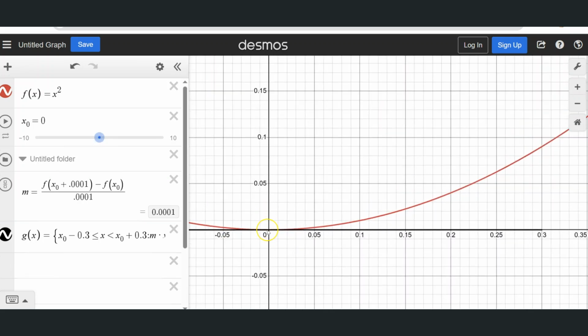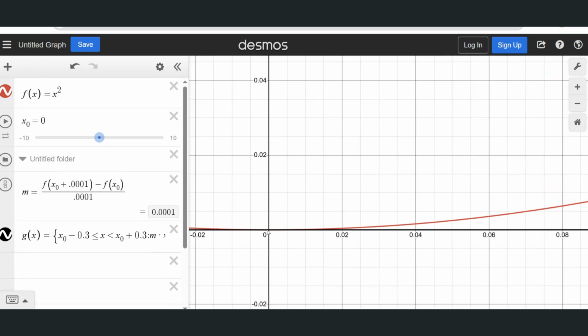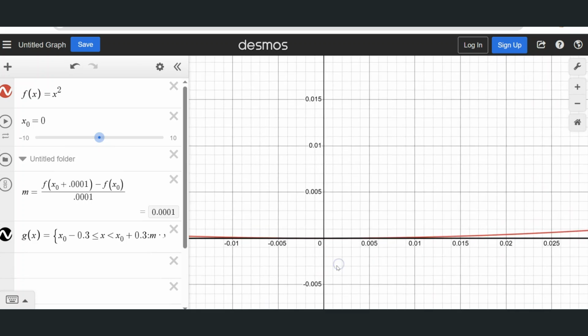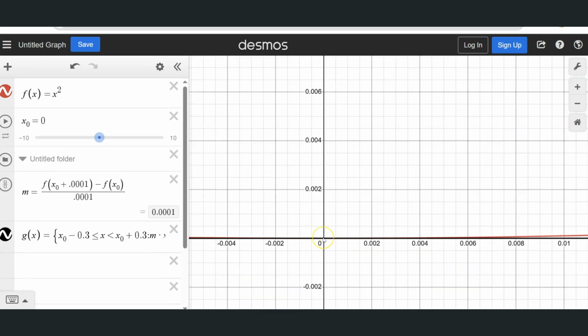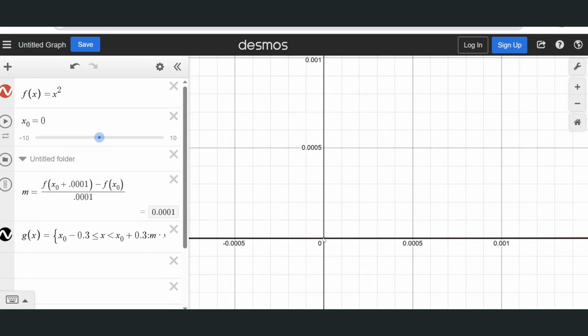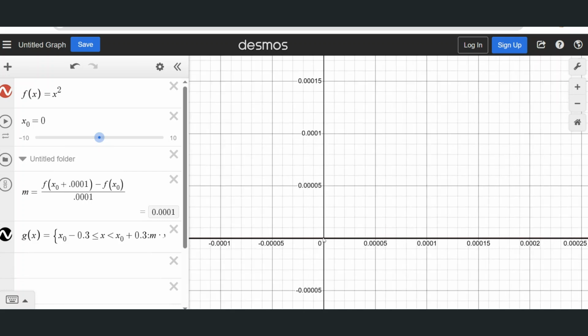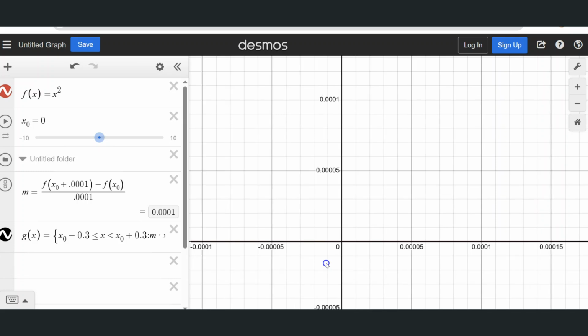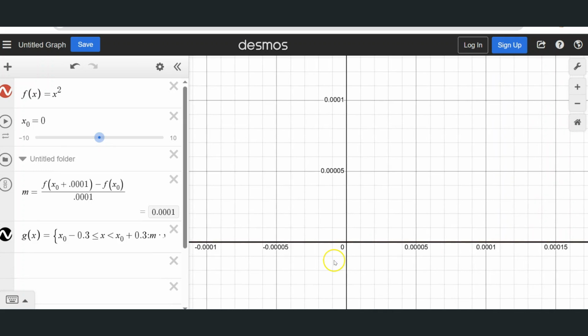In fact, if I continue to zoom in at that point, notice that the red curve actually is flat or appears flat, especially in what we call a local area, a local region, or what we would call in the neighborhood of that critical point.